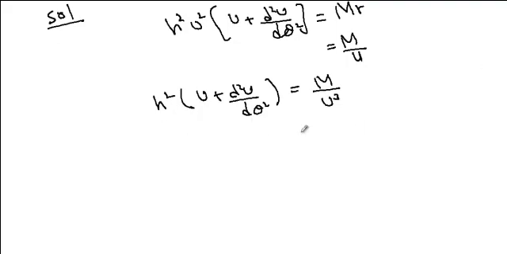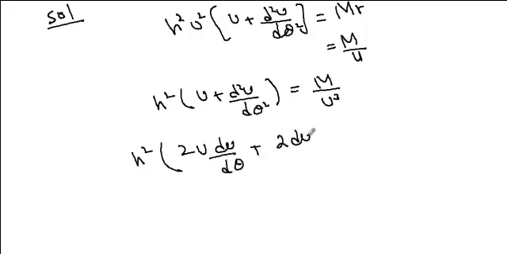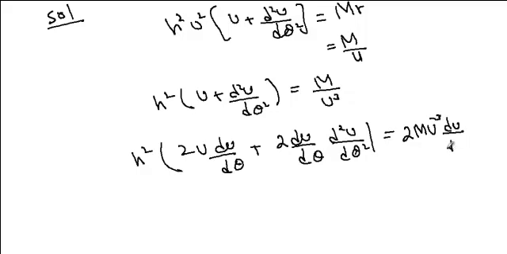Now multiply this whole equation by 2 du by d theta, so we get h square 2u du by d theta plus 2 du by d theta and d square u over d theta squared is 2m u minus 3 du by d theta.